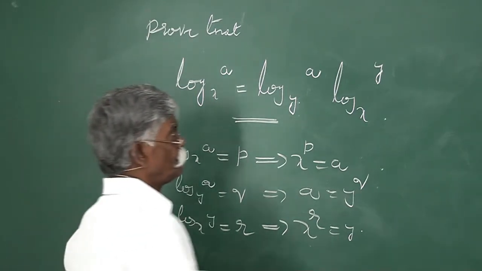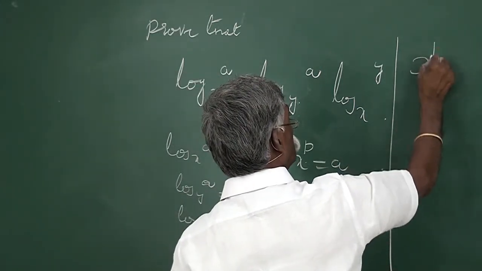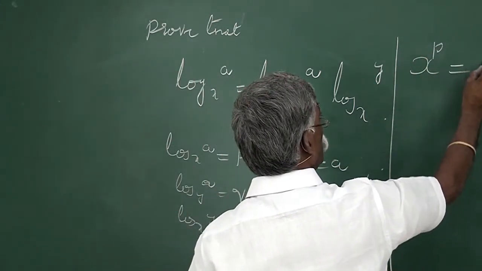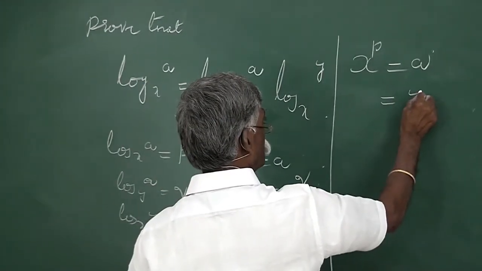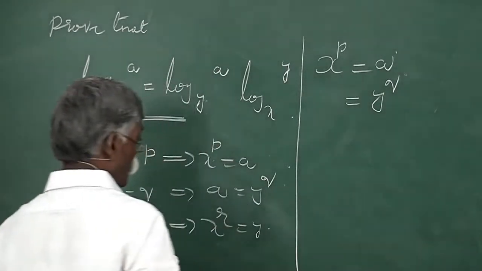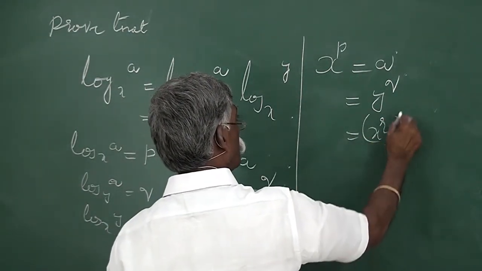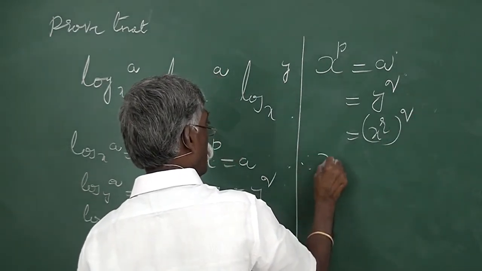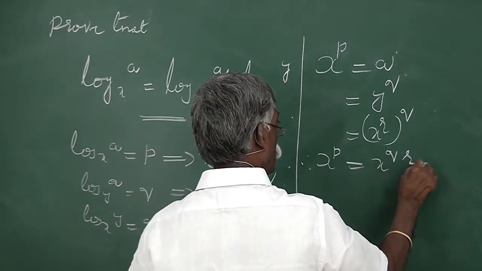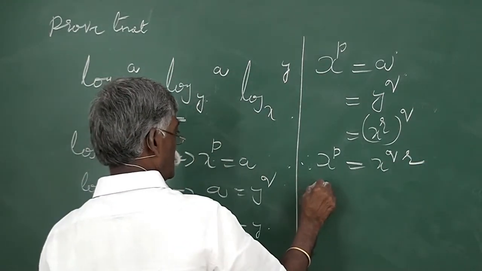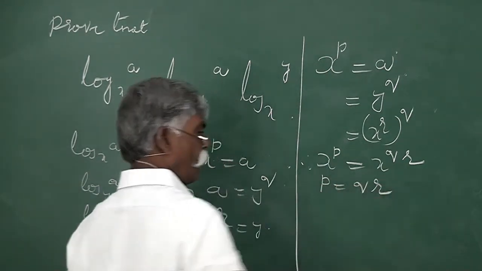Now, the first one is x power p is equal to a, and a is y power q, y is x power r to the power q. Therefore, x power p is equal to x power qr. So this implies p is equal to qr.